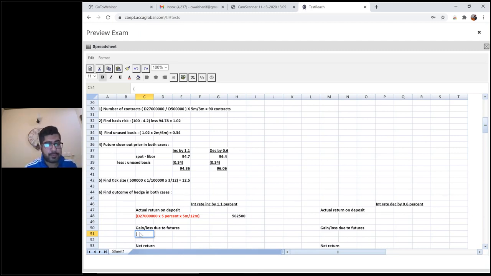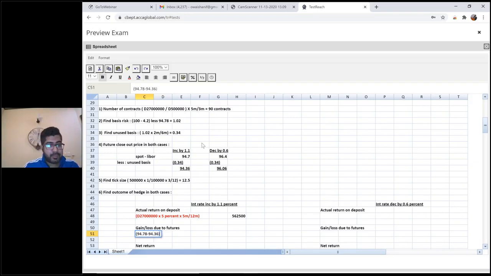What was the futures contract price? Remember, you took March futures, 94.78. And the future closeout price.